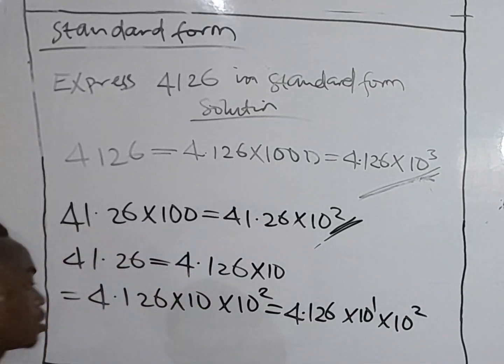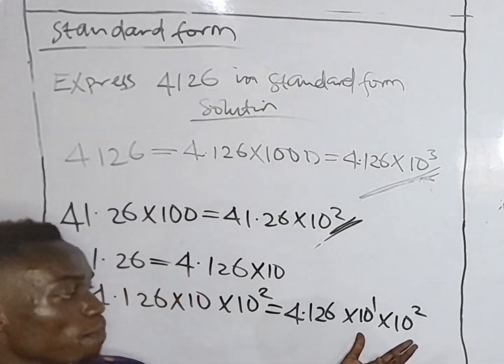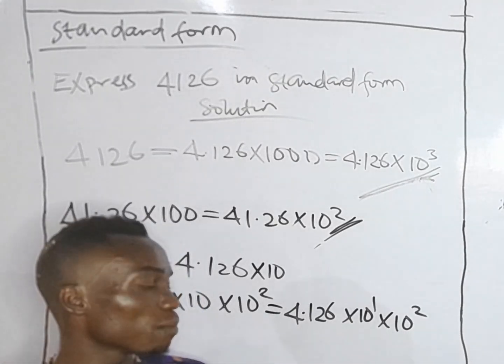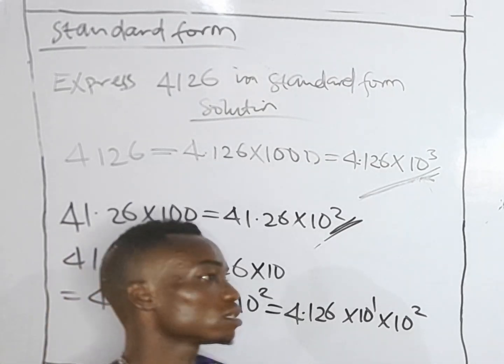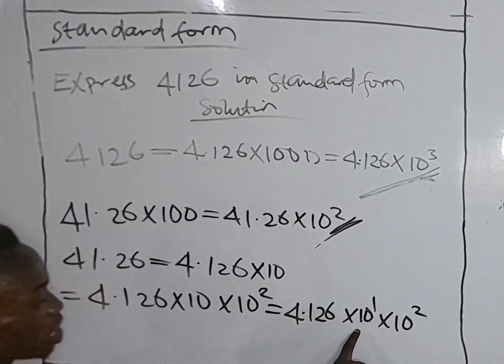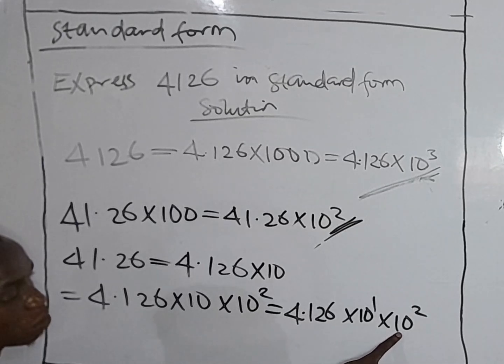Now, from the law of indices, we know that if you have a number with the same bases, I'll just take one base and add their powers instead of repeating the same base continuously. In this case, I have 10 as the base. I take one 10 and add their powers.